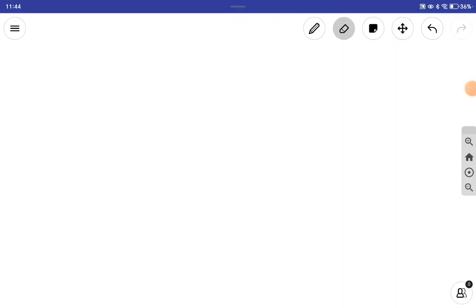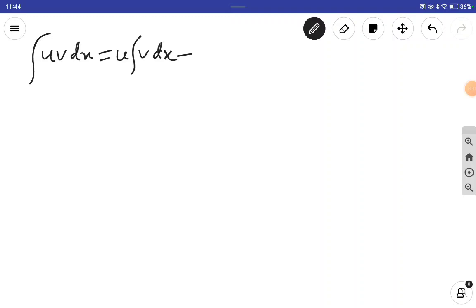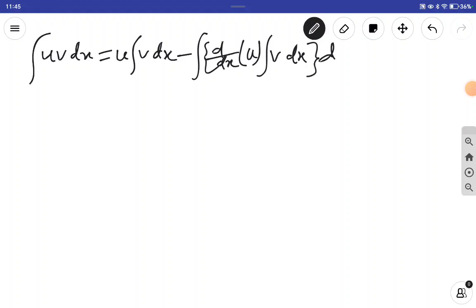So the UV method is integration u v dx equals u integration v dx minus integration second bracket start v dx of u integration v dx second bracket close dx.